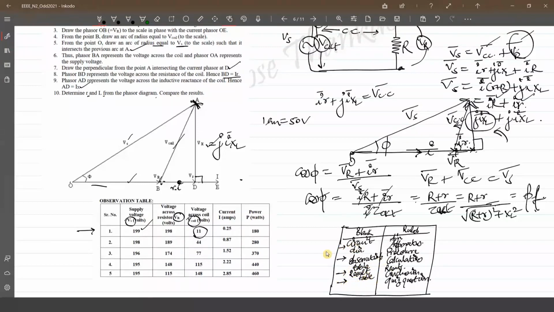And then you have to draw on the graph paper the phasor diagram. Phasor diagram to be drawn on the graph paper and to be stuck on the blank page. That means behind this ruled page there will be a blank page again, right? So on that you can stick the phasor diagram once you complete this. So this is how you have to prepare your laboratory record. Is it clear?